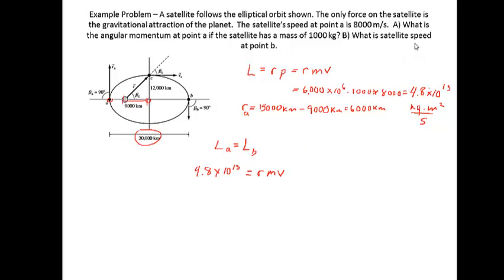We are trying to find the speed, so it's 4.8 times 10 to the 13th divided by Rm, and that equals V. Then we just have to plug in what R and M are.